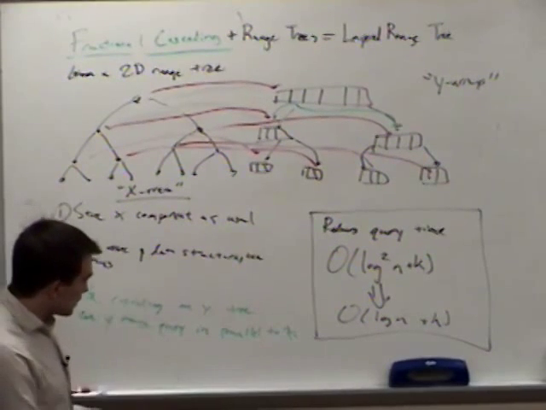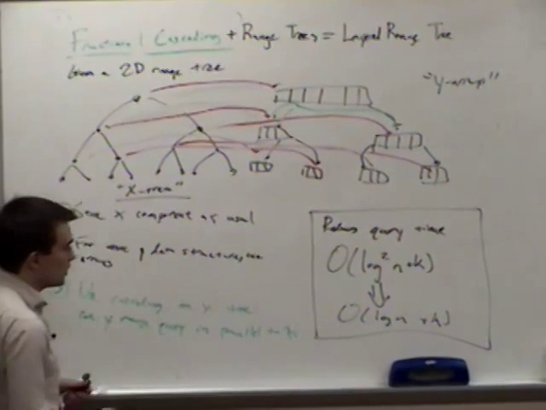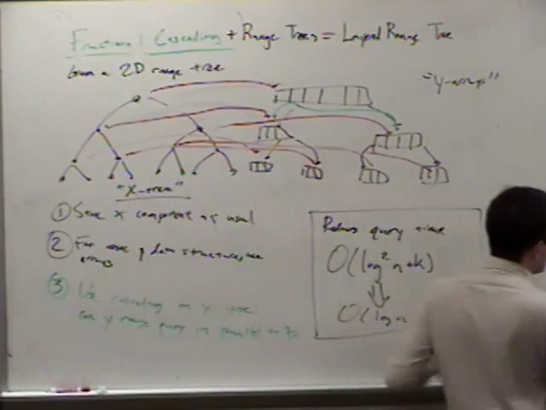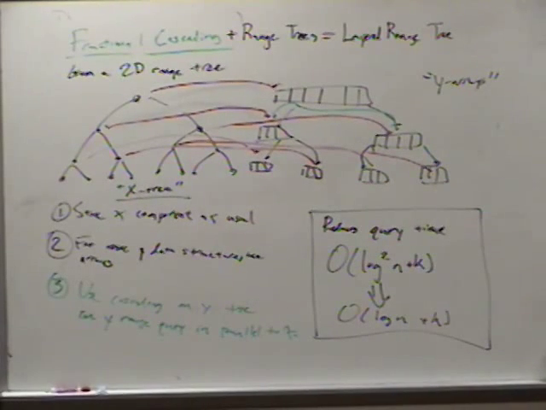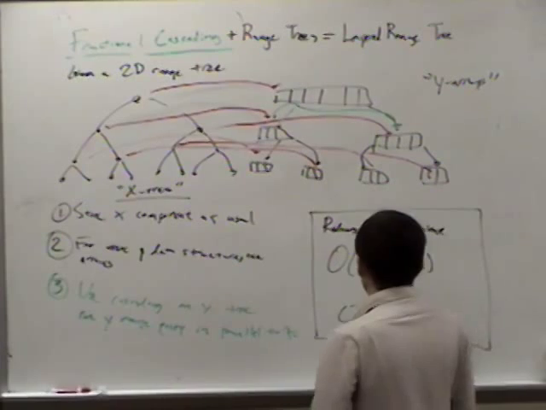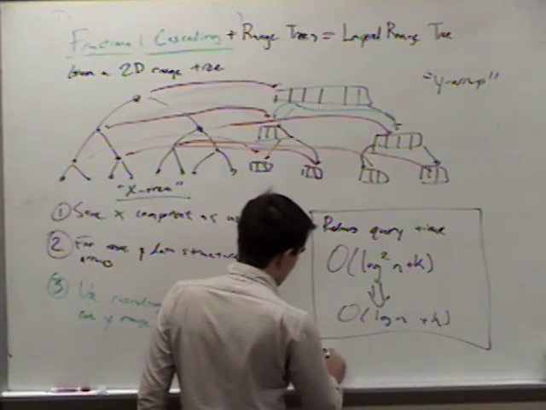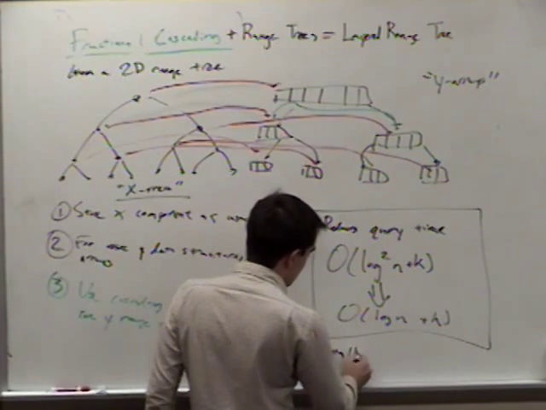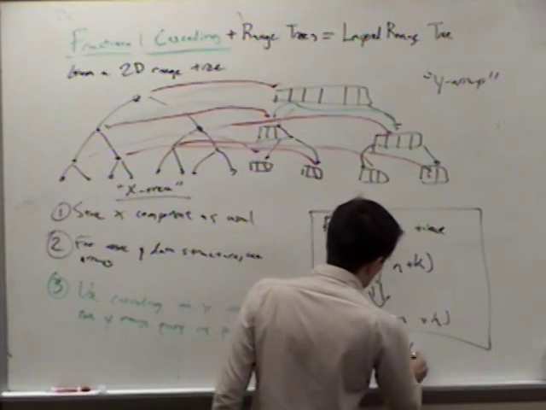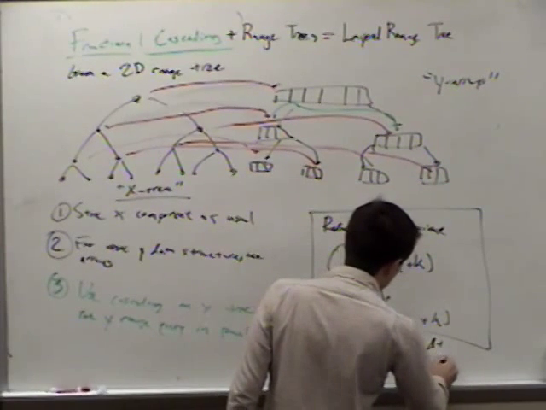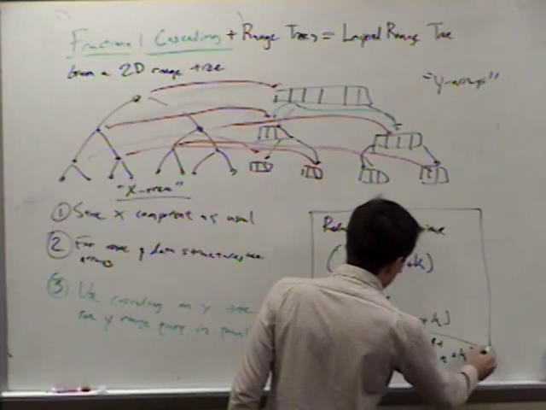If we combine this with the rest of range trees, this reduces the total cost of a range search in general from log to the d n to log to the d minus 1. So generally, this gives us order log^(d-1) n plus k queries.